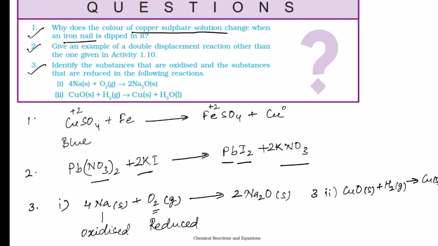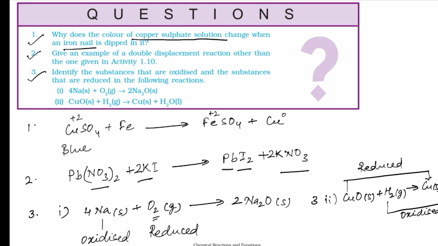Now here you can see copper is losing oxygen, so copper is getting reduced. So reduction of copper is taking place and hydrogen is getting oxygen. Hydrogen is combining with oxygen, so hydrogen is getting oxidized.